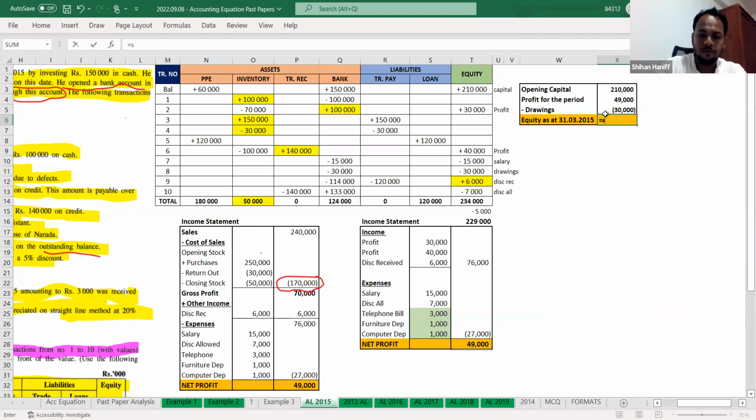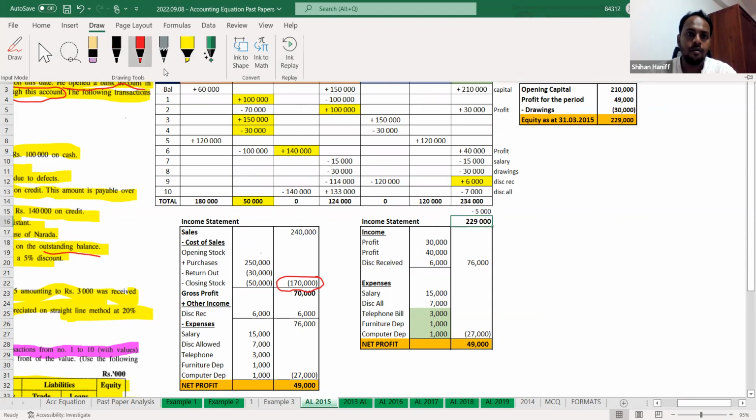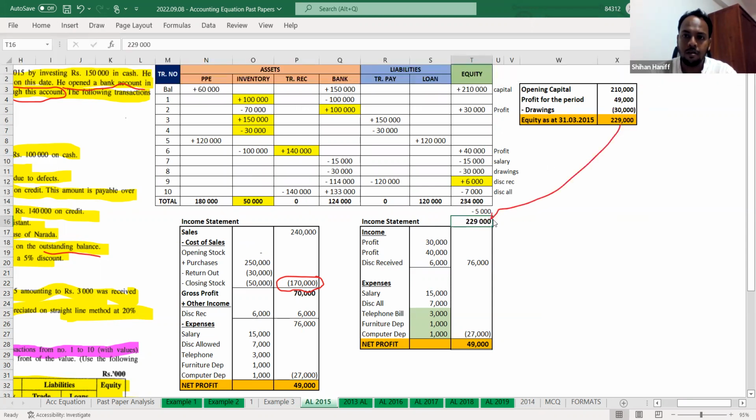So the net equity is 229, this amount. After that, 5,000. 229 is the equity. Okay. Any other doubts?